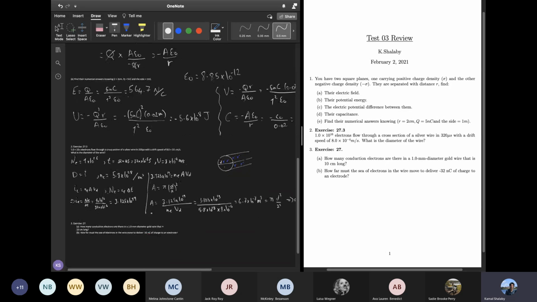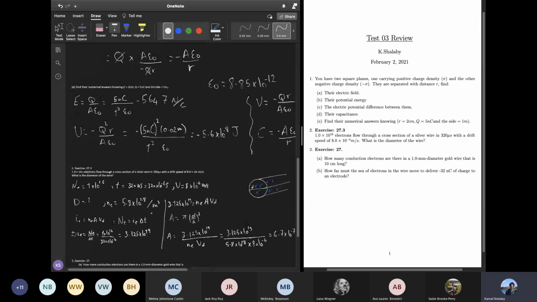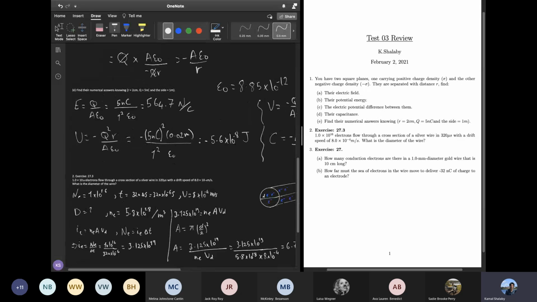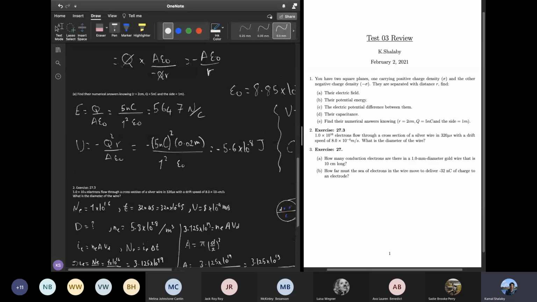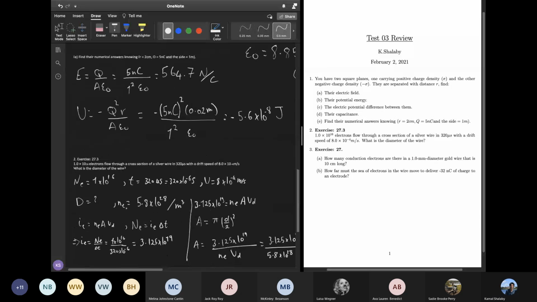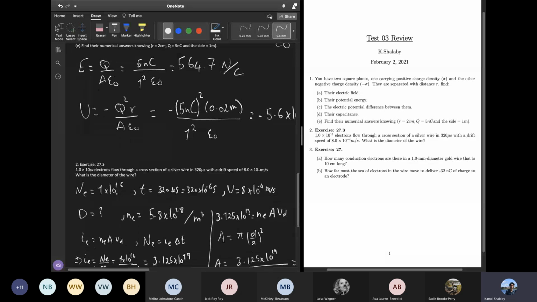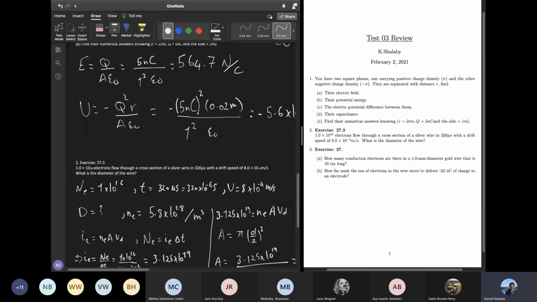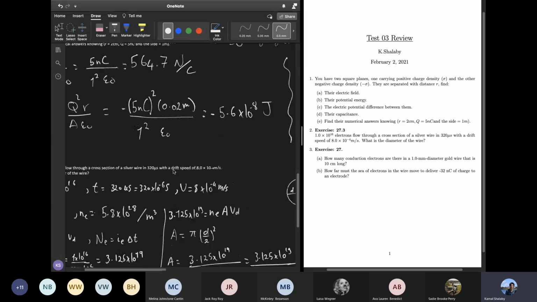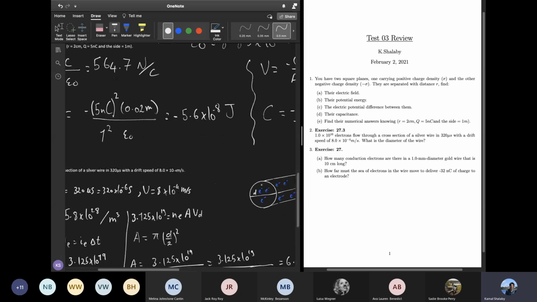Okay, so let me just go over that once more. The question gave us the number of electrons flowing through the cross-section area of a silver wire. So if this is the wire, it gave us the number of electrons passing through it, which happens to be 1 to the power of 16, and that is the big NE.